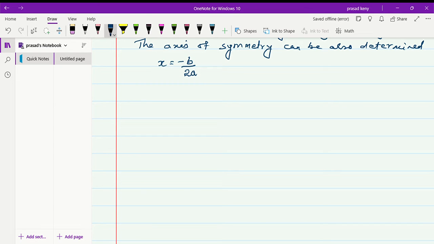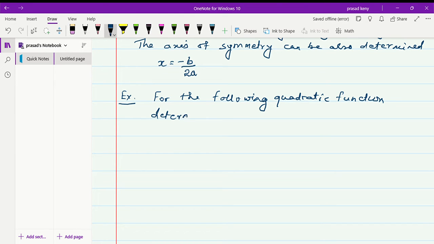So let us see the problem here. For the following quadratic function determine first the y-intercept, there will be a single y-intercept. Second, x-intercepts.